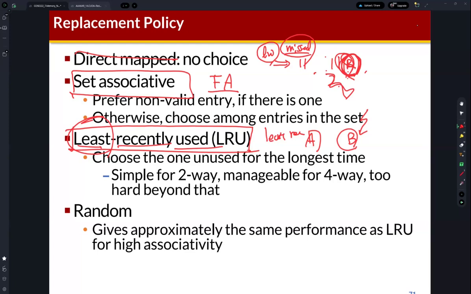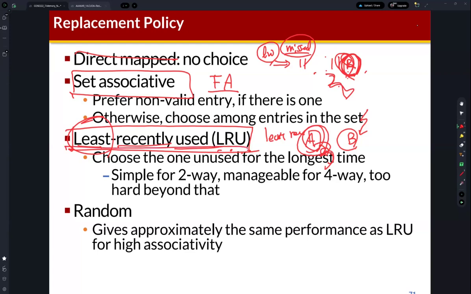So in this case, we evict the block A. So this is the LRU policy. Which means if a certain block is least recently used, so it was used a very long time ago, then we just evict this block. So it's the LRU policy.